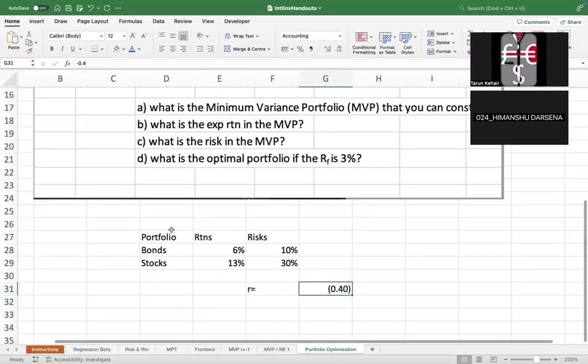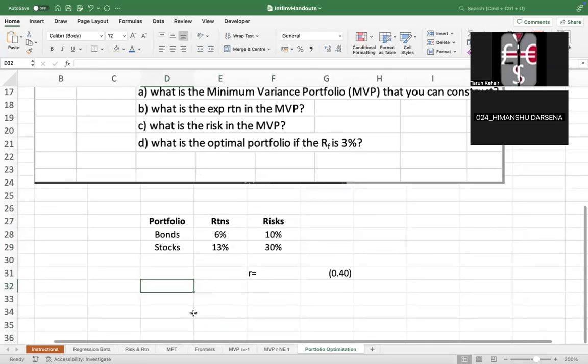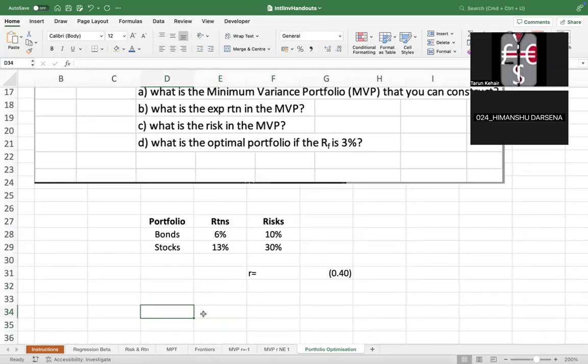ठीक है ना? So when I create this portfolio, I will have the portfolio return first. I don't have my weight, so I can just start with any weight. So I typically start with 0.25 and 0.75.